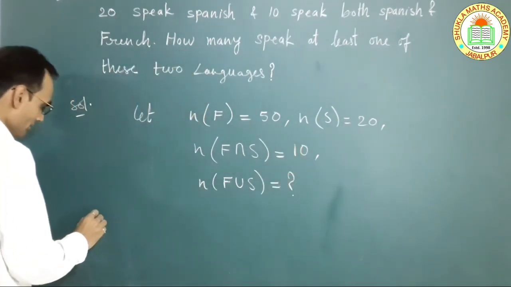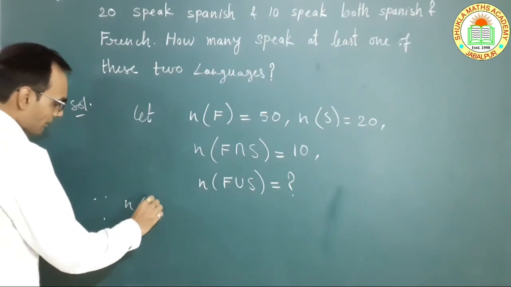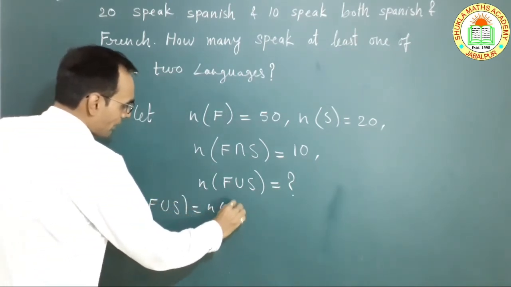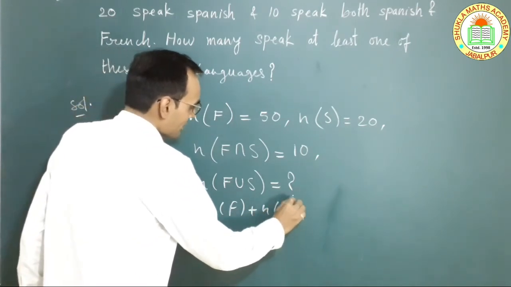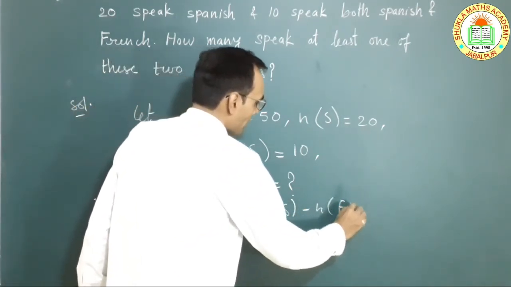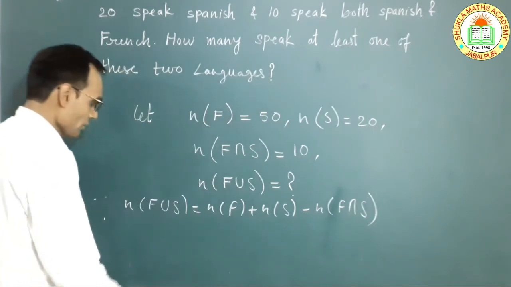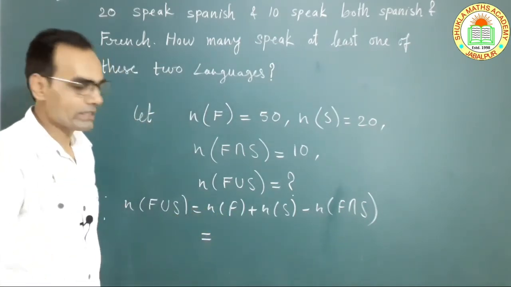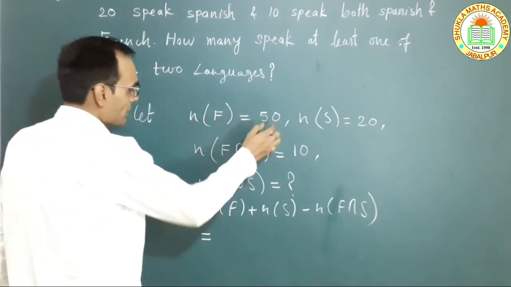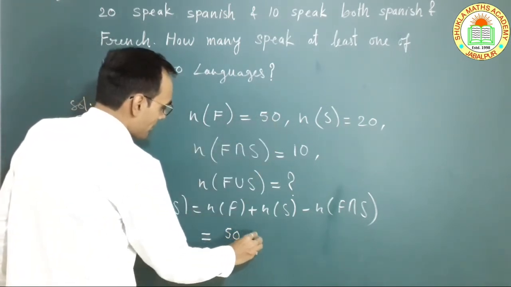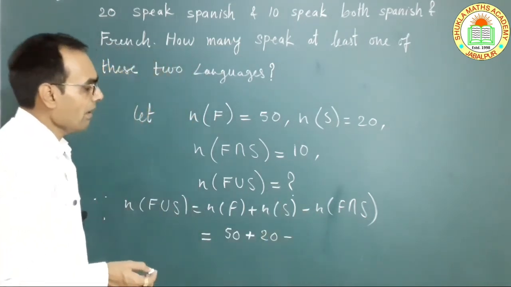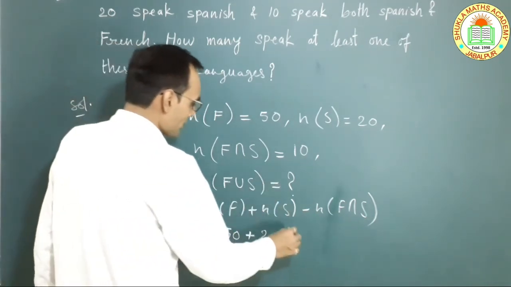So by the formula, the number of elements in F union S equals n(F) plus n(S) minus n(F intersection S). Now putting the corresponding values: the number of pupils who speak French is 50, so 50 plus n(S), which is 20, minus n(F intersection S), which is 10.